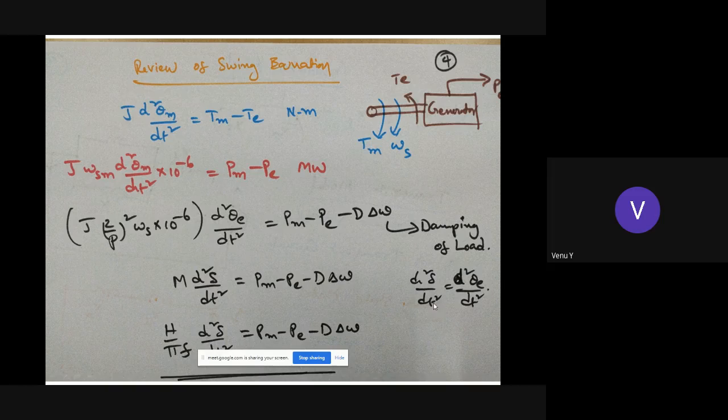Here d square delta by dt square is equal to d square theta e by dt square, and theta e and theta m are related: theta e is equal to the pair of poles times theta m. You know that concept, so recall it. Finally, H by pi f into d square delta by dt square equals Pm minus Pe minus D into delta omega. So this is the review of the swing equation.